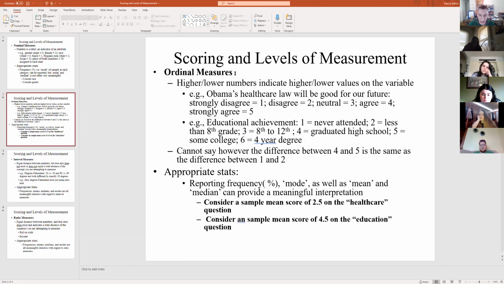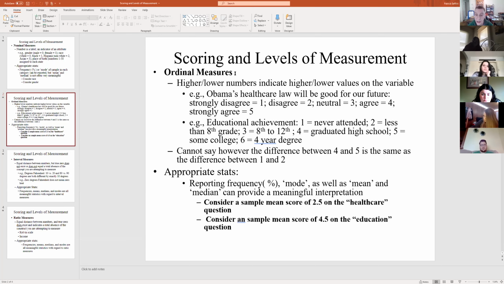So never attended is a different thing than saying an amount of years, because 8th to 12th is a more specific thing than never attended. So that 3 though is higher than a 1, but it doesn't tell you exactly how much higher. Okay, and so with ordinal measures though, it does make sense at this point.